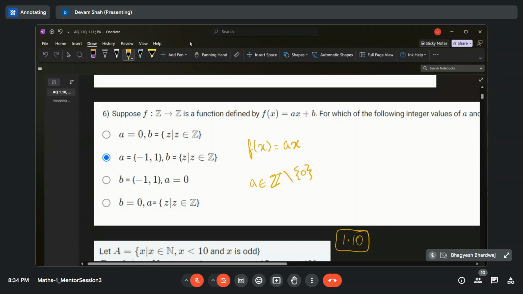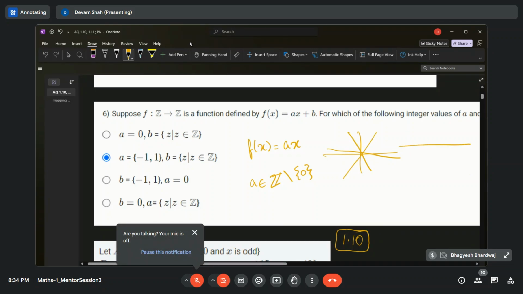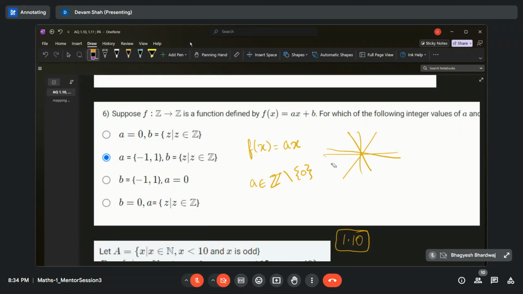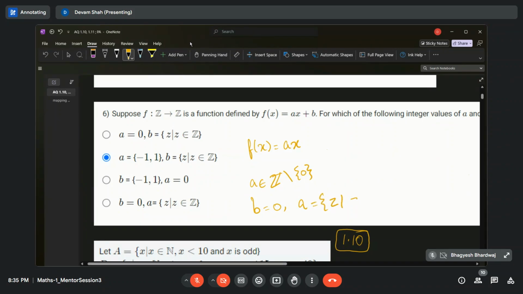Then the equation would be like this, or else like this, any slope line, but it won't be flat. It won't be parallel to the x-axis because I didn't take a to be 0. If this option was something like this, b equals 0, a belongs to Z minus 0, then this would be the correct option.